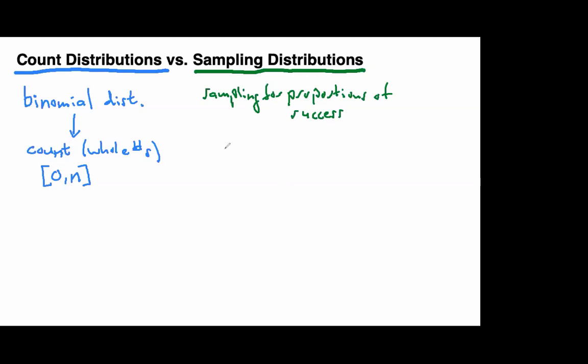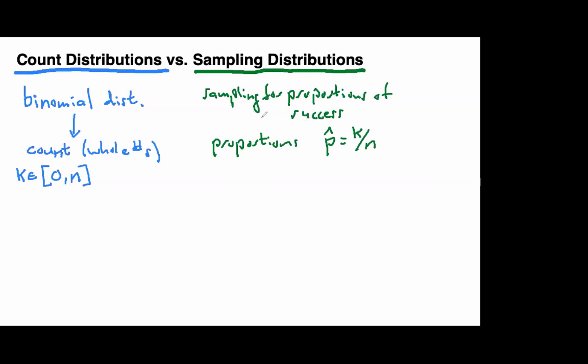So in this case, we're not looking at counts, we're actually looking at proportions, often represented as a percentage, which is fine. The idea is we have our sample proportion, which is given by k divided by n. This count is the value k, and k is in the values 0 to n.